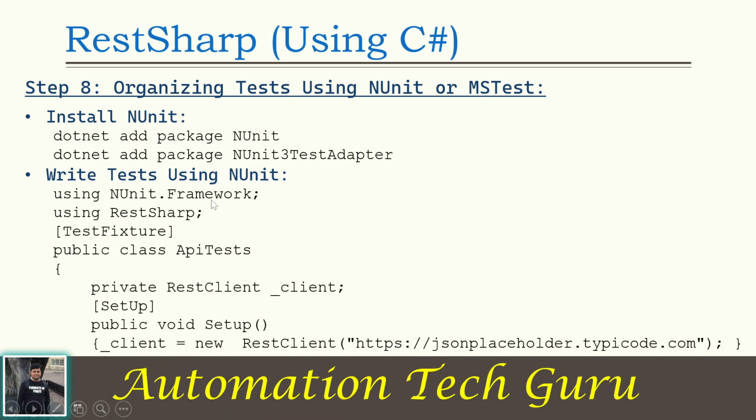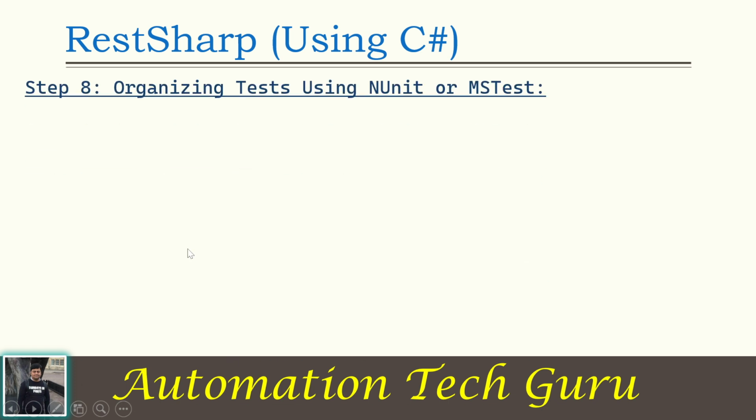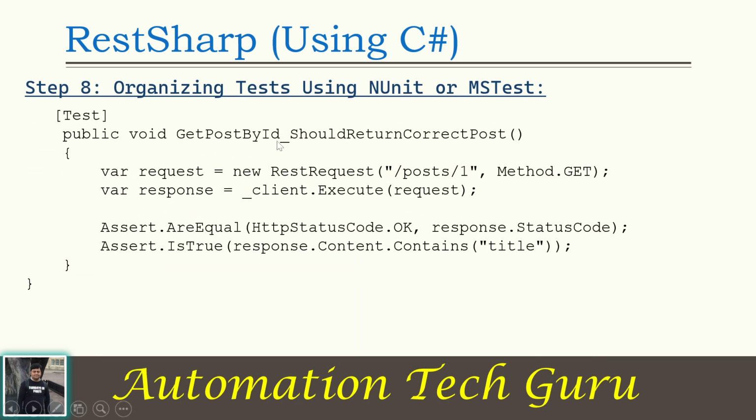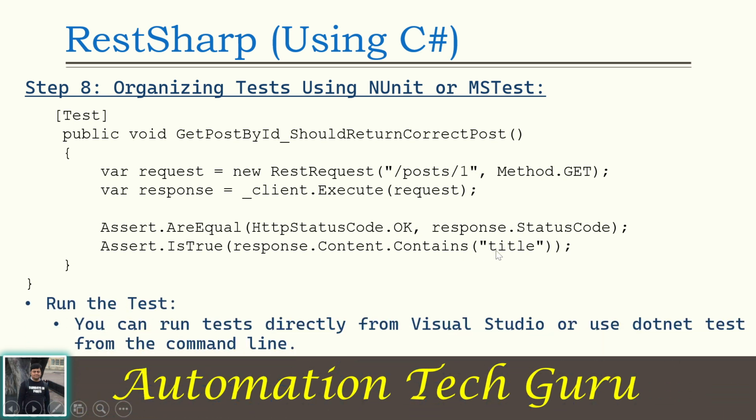You can write the test case, write setup client, RestClient, and then next you can use the get post by ID should return correct post. So this is the assert: Assert.AreEqual status code equal to response code, and is true the content title. Okay, so you can run directly from Visual Studio or dotnet test from the command line.